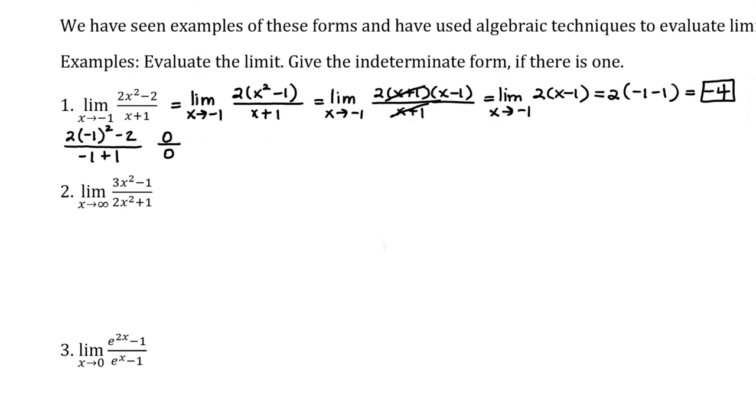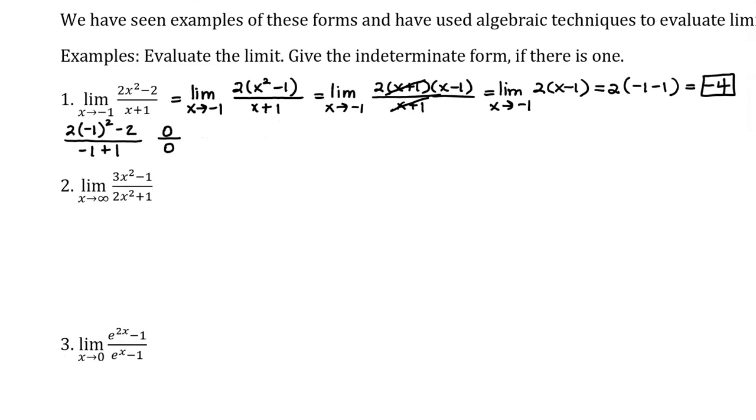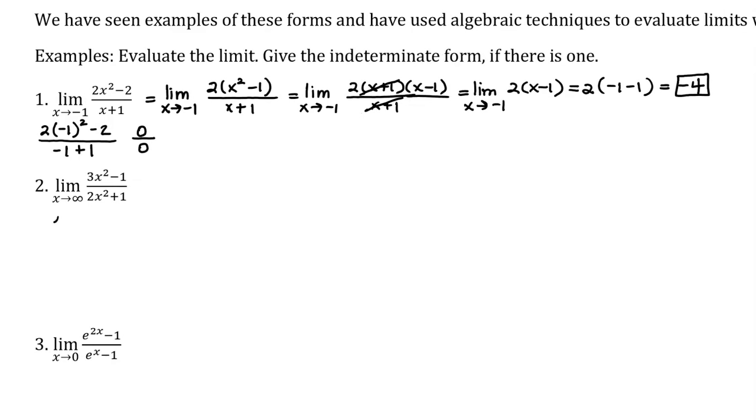In example 2, if I were to try to evaluate this limit with direct substitution, the numerator would go off to positive infinity and the denominator would also go off to positive infinity. But we learned a technique that we can come into this limit and divide each of the terms by the highest power of x that we see in the denominator, which is x squared. So I've divided both of the terms in the numerator by x squared, and I've divided both of the terms in the denominator by x squared.